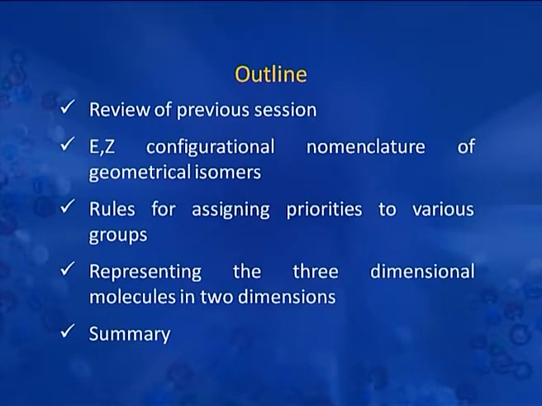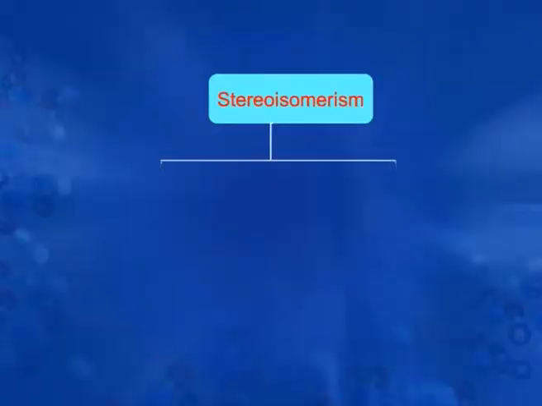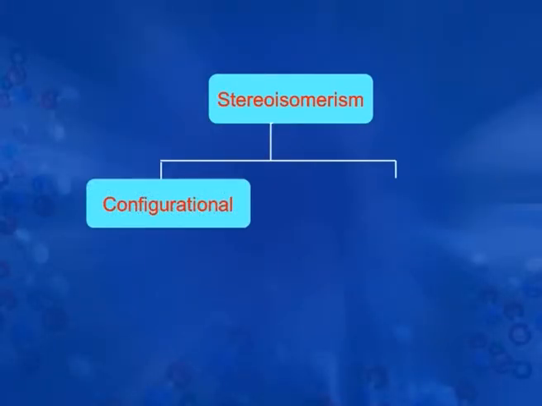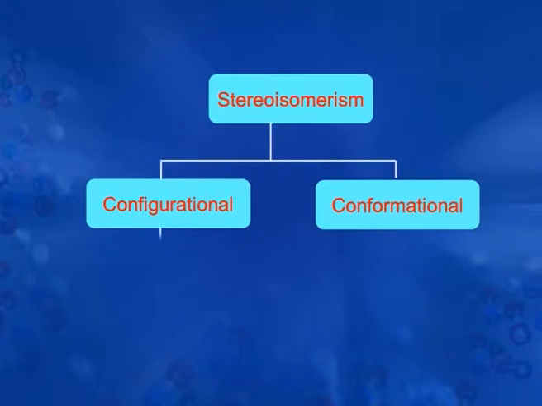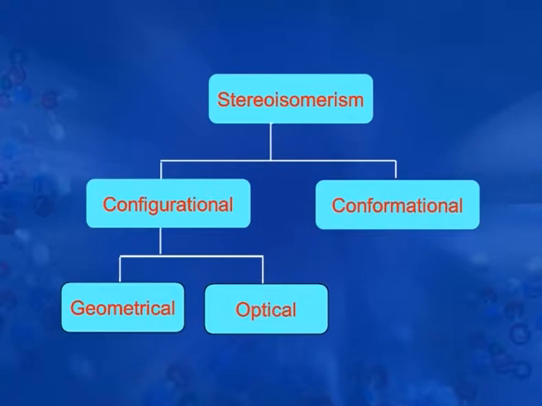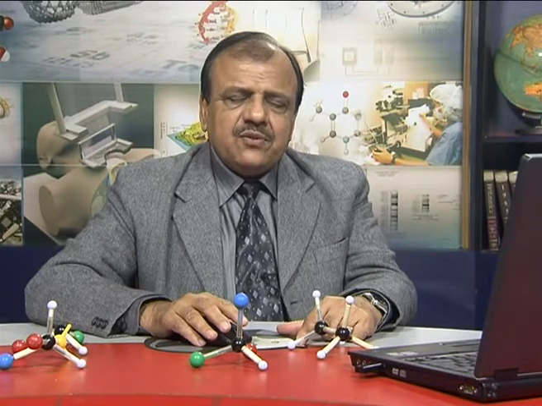In the previous session we discussed that isomerism consists of two types, stereoisomerism and structural isomerism. Stereoisomerism itself is of two types, configurational and conformational, and amongst the configurational isomers we discussed the geometrical isomers. We discussed that there are two basic requirements for a molecule to show geometrical isomerism.